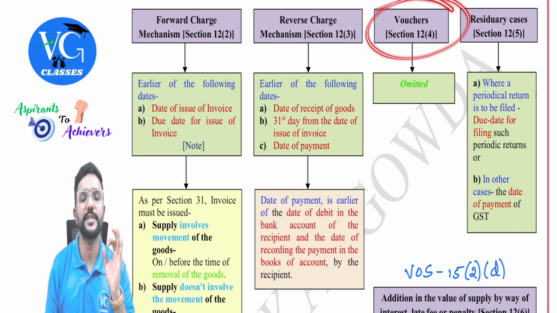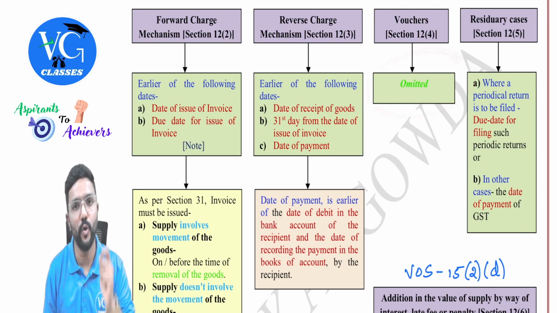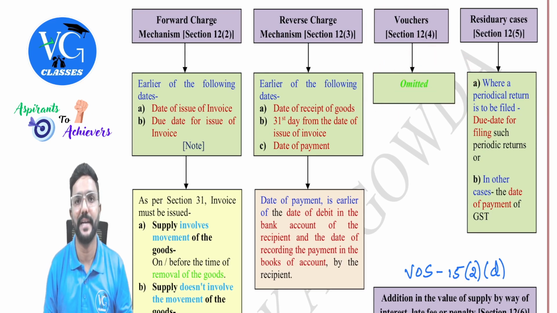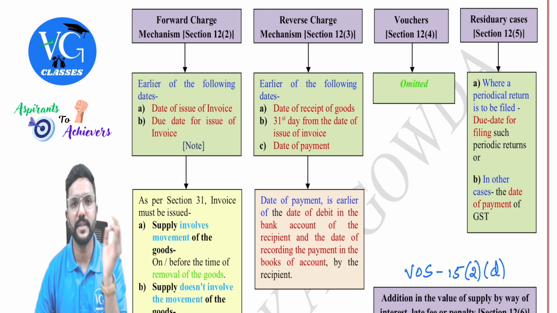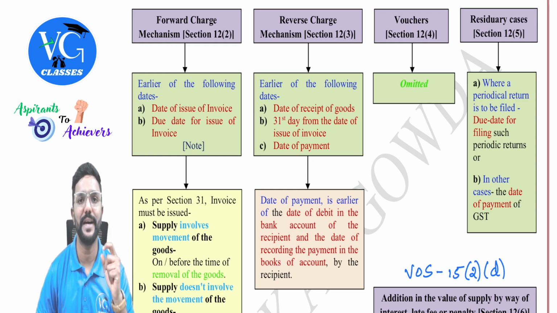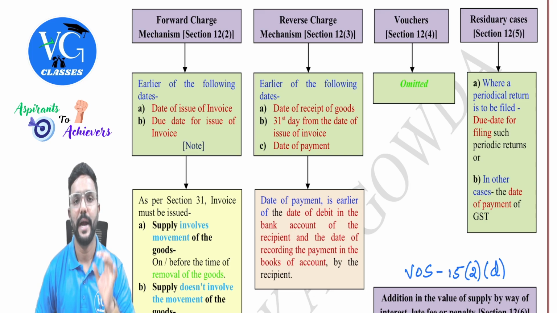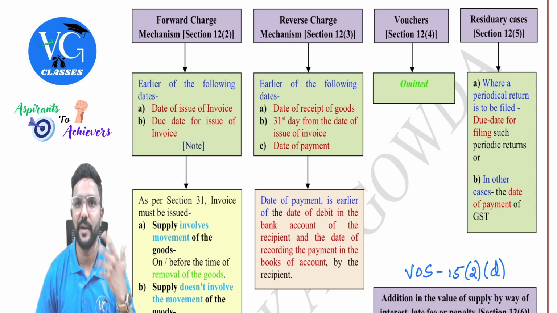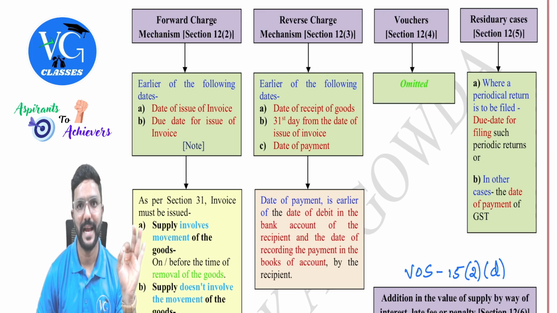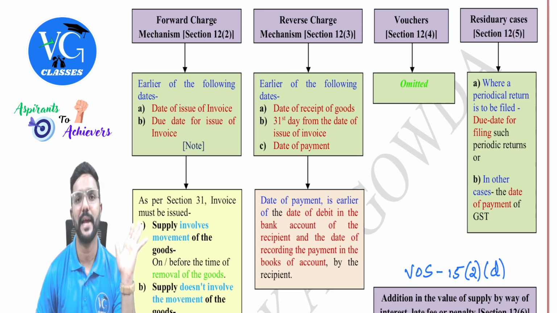Then coming to 12 subsection 4, which talks about the time of supply of voucher, has been completely omitted, guys. If you remember, section 7 subsection 2 read with circular, I had already told you when I was explaining about supply, if there is any sale of vouchers or coupons, it is not a supply. As per the circulars, it is not a supply now.